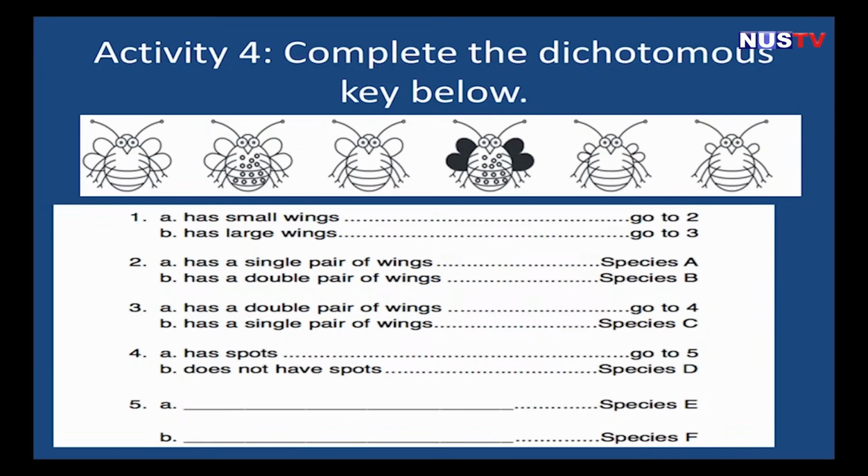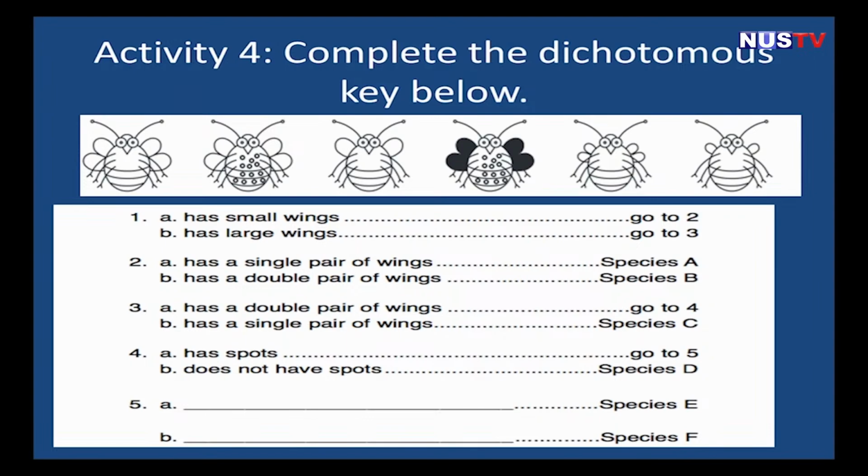Complete the dichotomous key below. So look at the picture, look at the diagram. There are 1, 2, 3, 4, 5, 6 different bees, and you are going to read the dichotomous key.